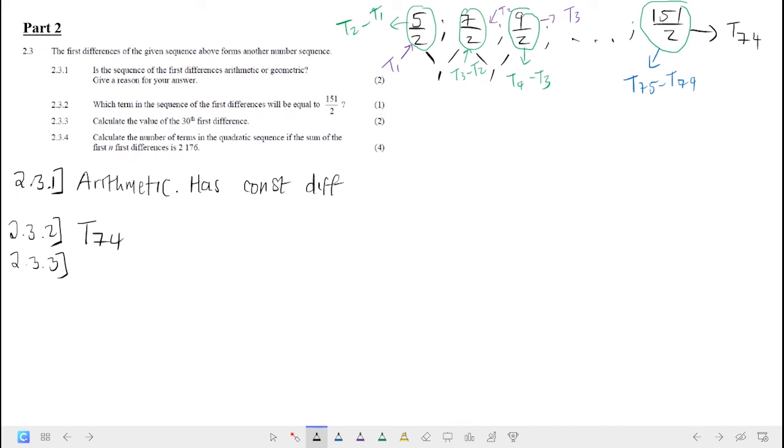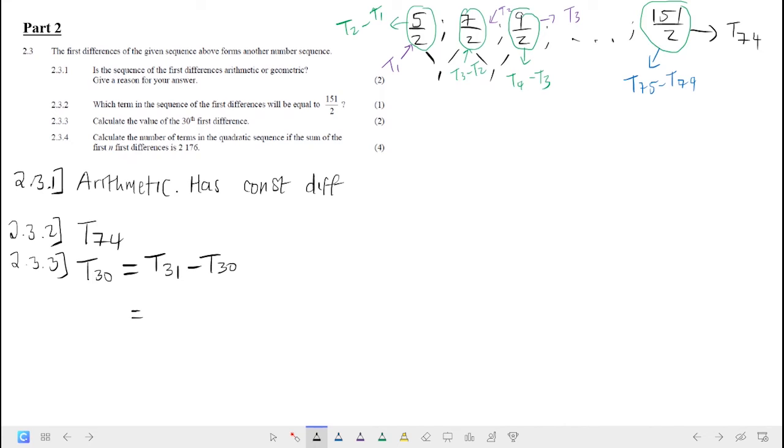Now let's go ahead and look into 2.3.3. Now 2.3.3 says calculate the value of the 30th first difference. Okay, so now here we're looking at the first differences, so we want to find T30 for that, right? Now if you remember, T30 of the first differences in the quadratic sequence comes by taking term 31 and subtracting term 30, right?